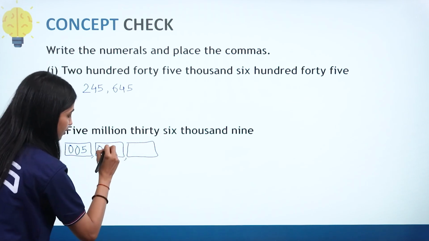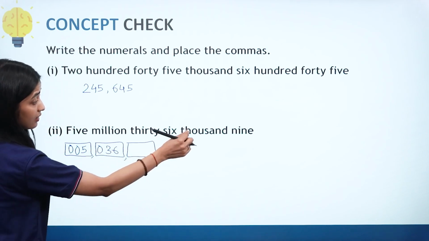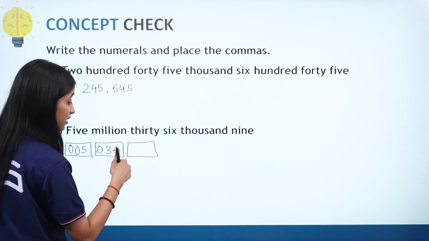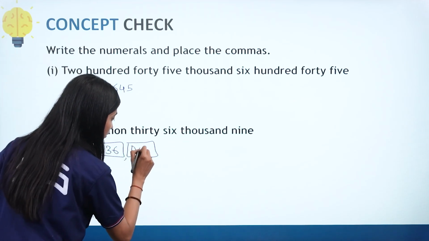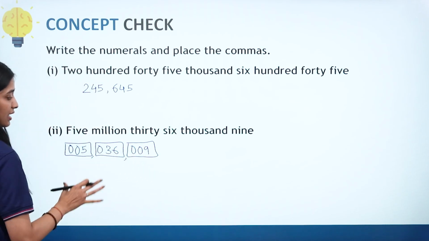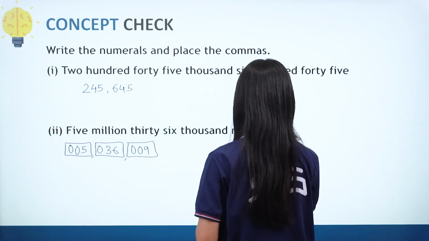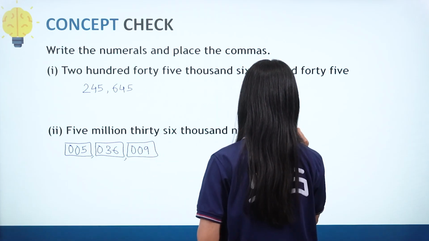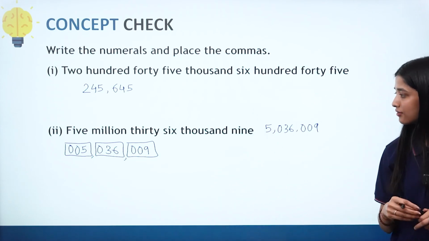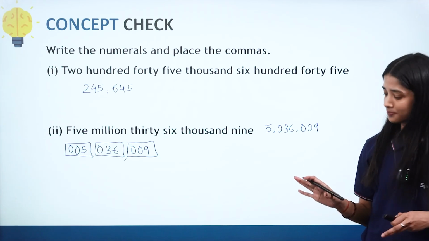Then 36 is our thousands group. Then 36,009 means at the ones place we take only 9, so the tens place will be 0 and the ones place will be 9. If we remove these brackets, our number will be 5,036,009. I hope this is clear.